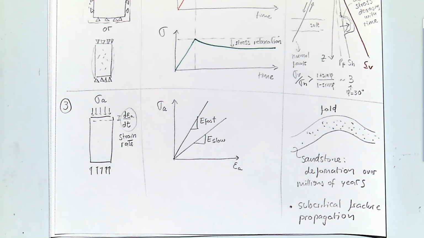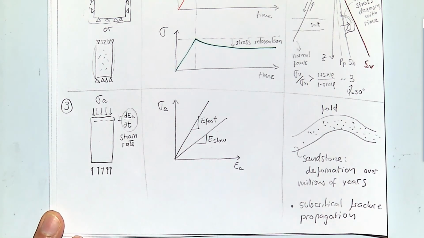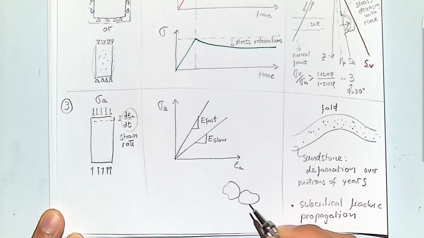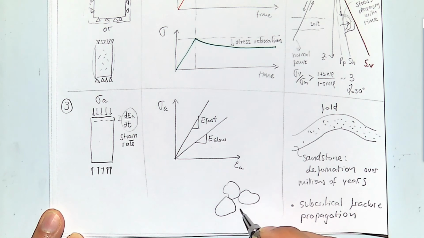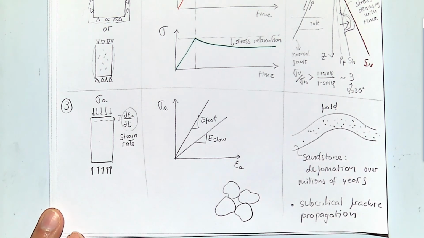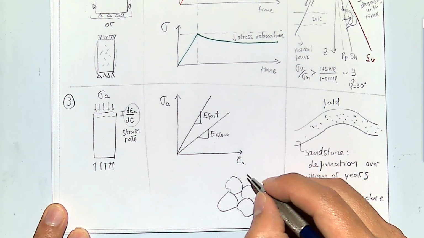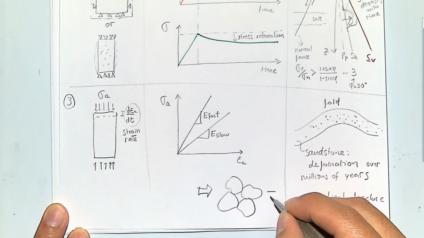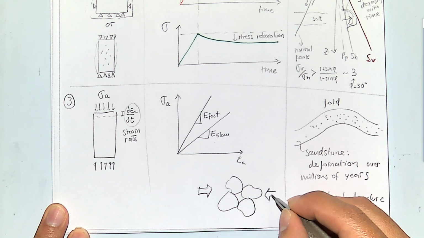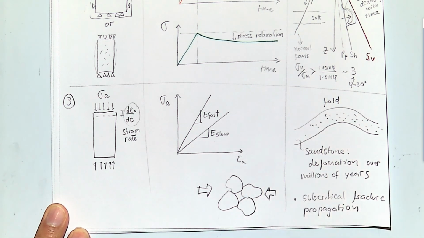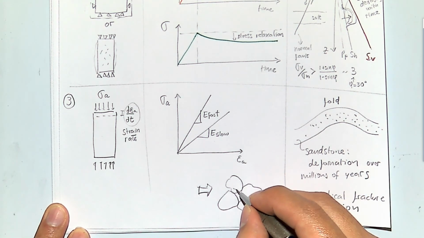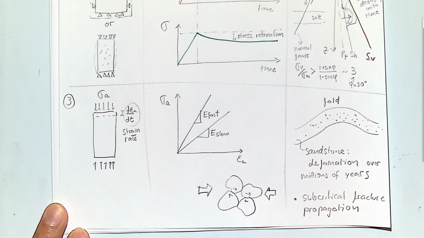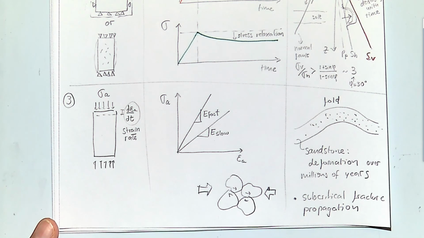One more example is in granular material, when you have stresses and they are equilibrated, but slowly you may have some grains slip with respect to each other with time.